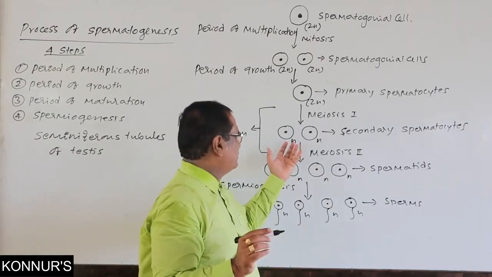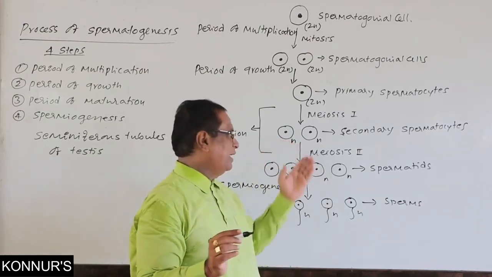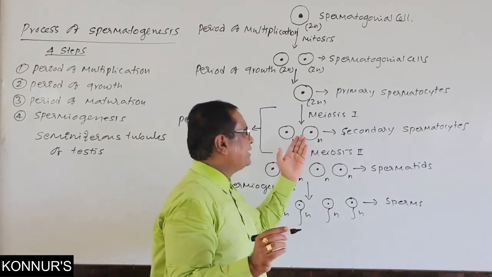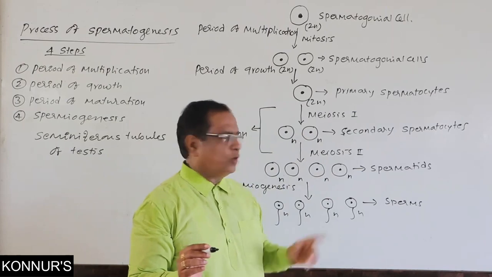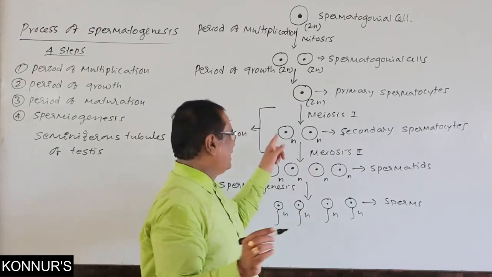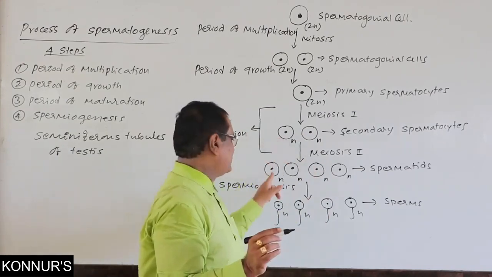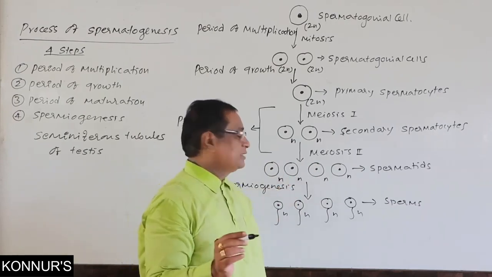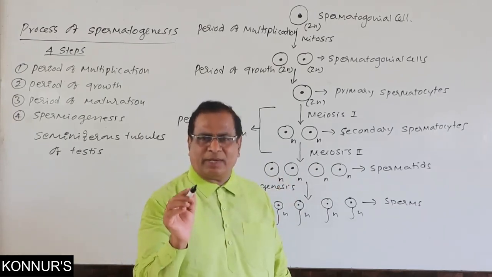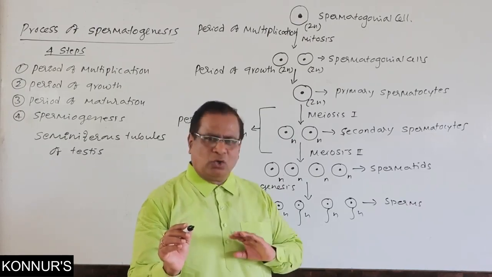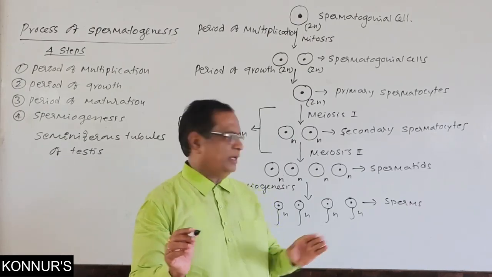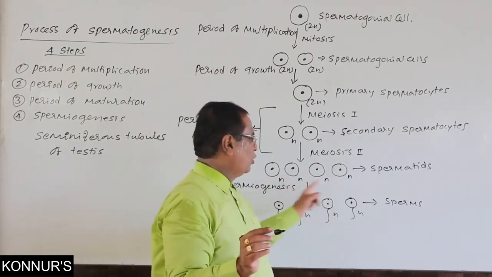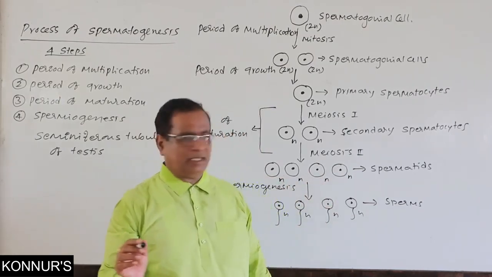And now these haploid cells are named as secondary spermatocytes, and both the secondary spermatocytes undergo meiosis second. From each secondary spermatocyte, 2 equal sized cells are formed. As meiosis second is just like mitosis, there is no reduction in chromosomal number. Once again they are haploid as well, and they are all named as spermatids.